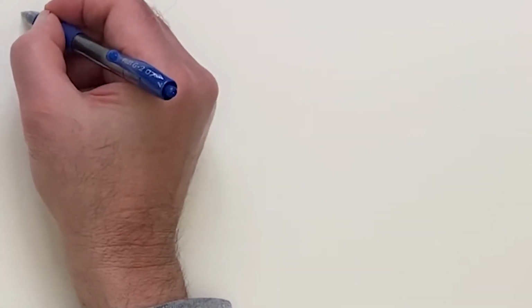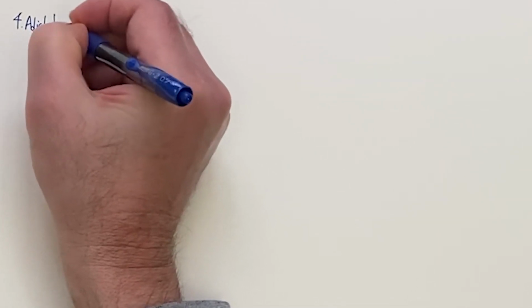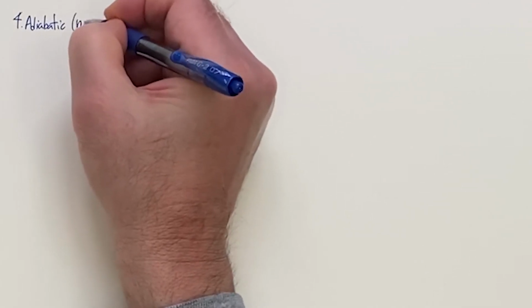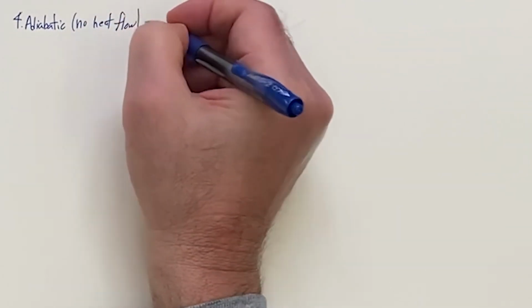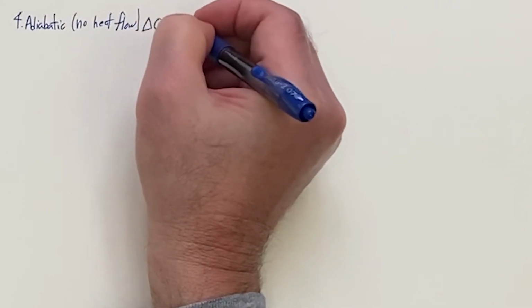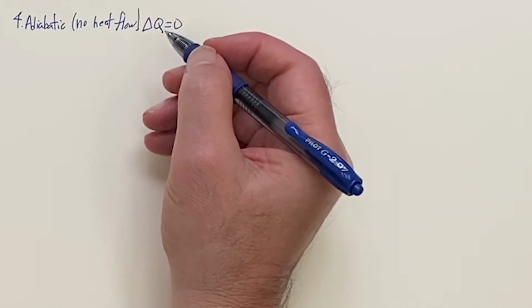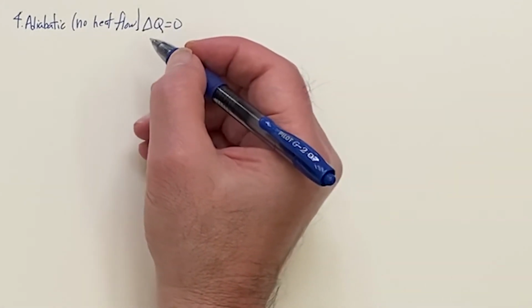Now we go to 4, and that's adiabatic. For adiabatic, no heat flow. So in this case, delta Q is 0. And this one requires a little bit of work. This will take us a little bit of time to derive.